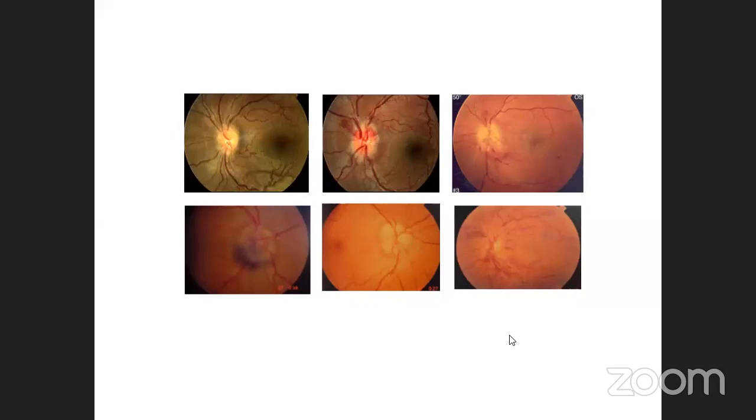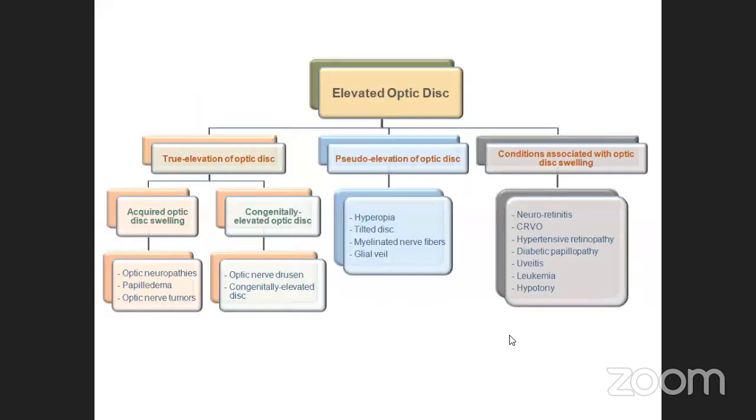How can we classify or differentiate these conditions? The differential diagnosis of the optic disc swelling lies in three categories or three groups: true elevation of the optic disc, pseudo elevation of the optic disc, and conditions associated with optic disc swelling.